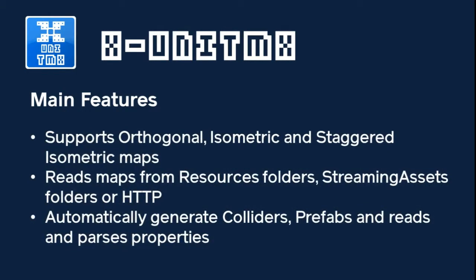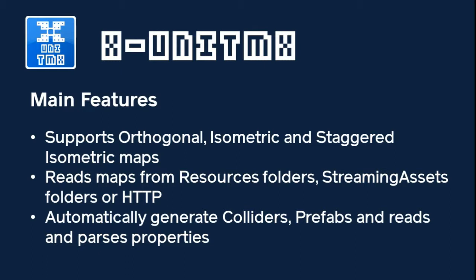About Tiled features, it basically supports all features from Tiled 0.10, at least all features that I am aware of. So it supports orthogonal, isometric, and staggered isometric maps. You can read maps from resource folders.